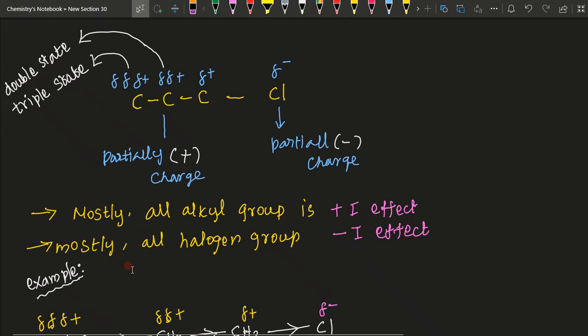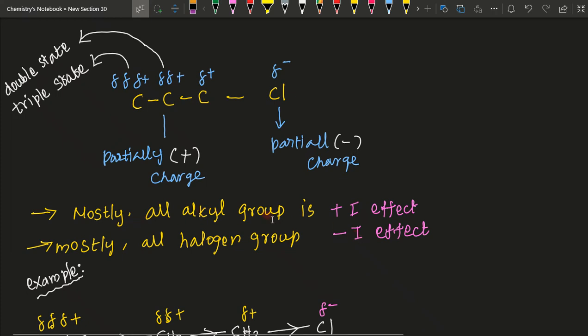See below. Mostly all alkyl groups have plus I effect. Mostly all halogen groups have minus I effect. I means inductive effect. Inductive effect means pulling the electron.